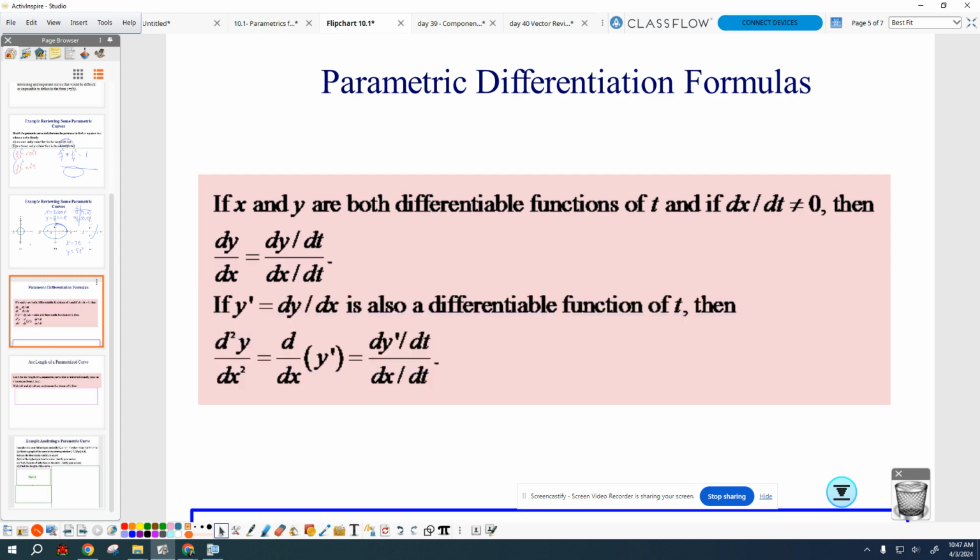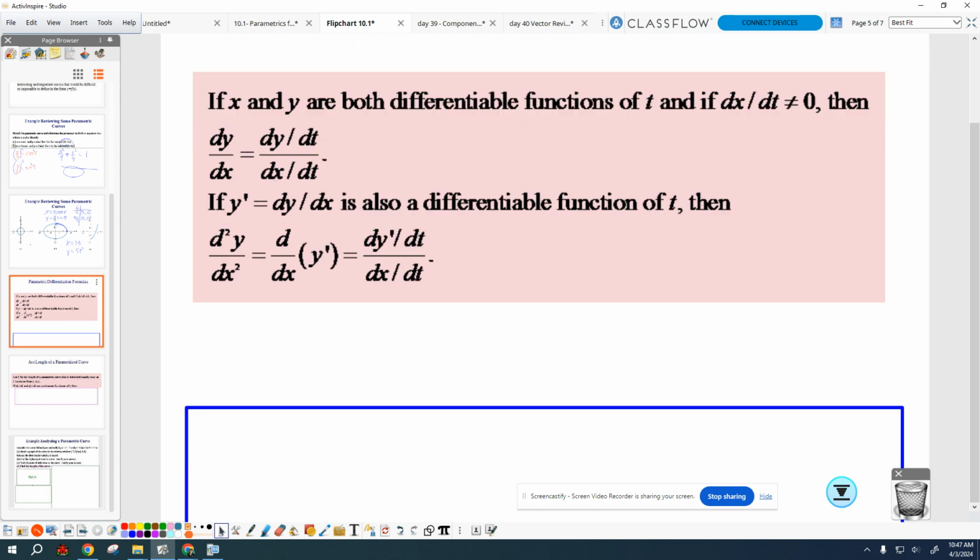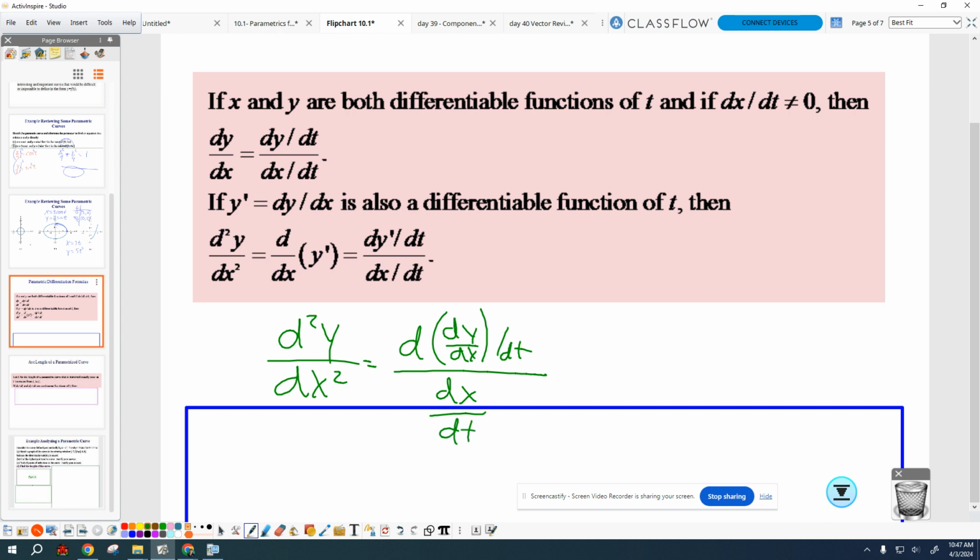I don't like the way they write it, so I'll write it again. The one in green is officially what you're doing.